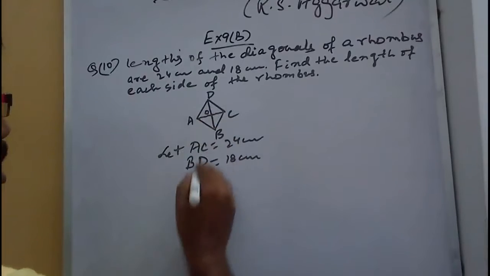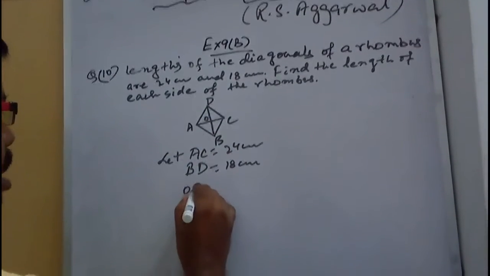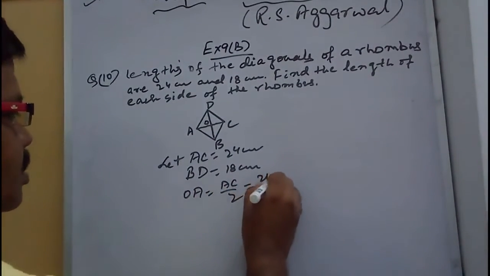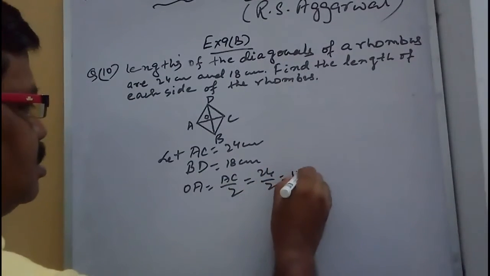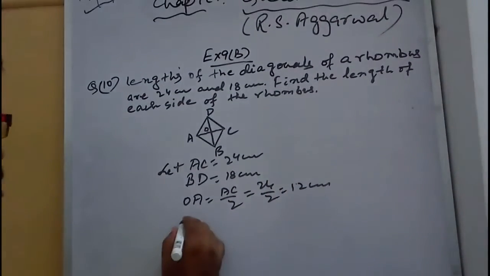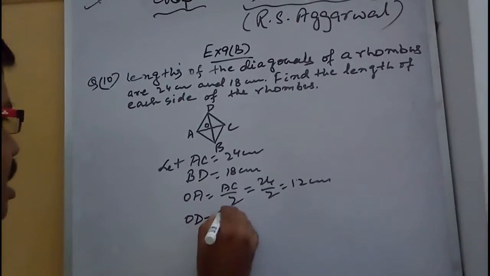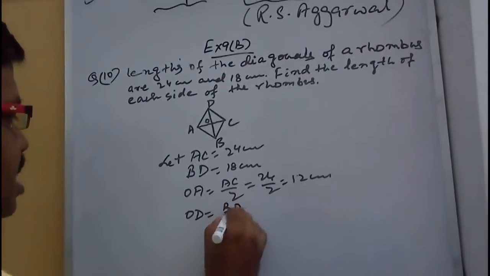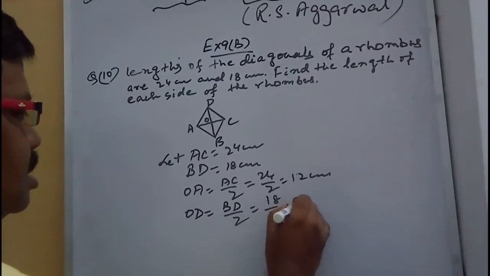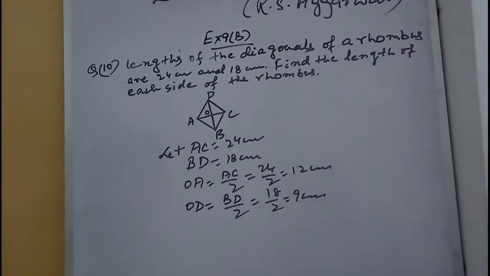So OA, AC by 2, 24 by 2, 12 centimeter, and OD, that is half of BD, 18 by 2, 9 centimeter.